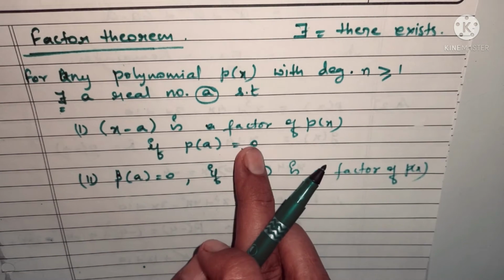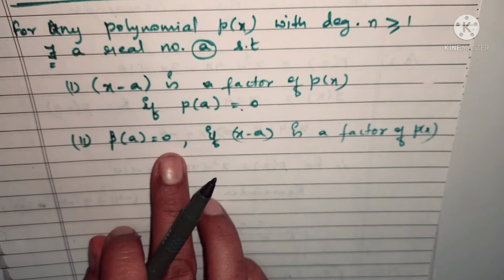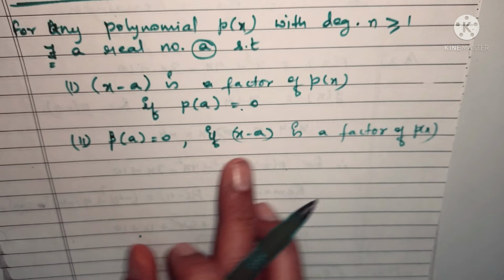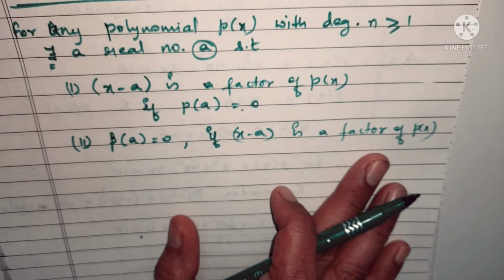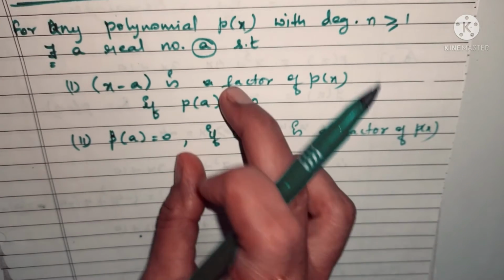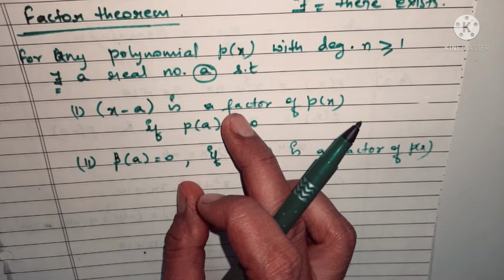This is the first condition. And the second condition is what? If you are having p(a) equal to 0, in such case x minus a will be a factor of p(x). So these two conditions are to be satisfied in the factor theorem.